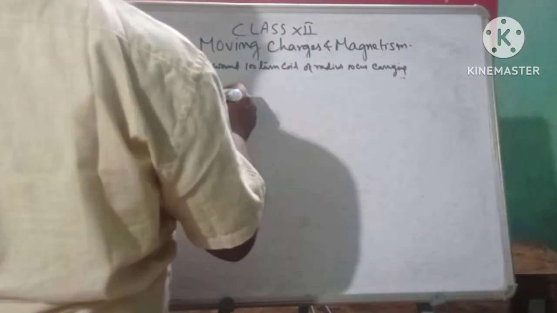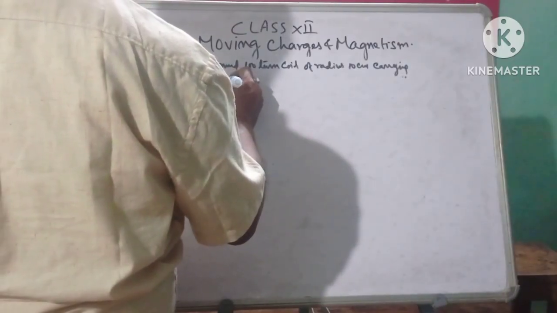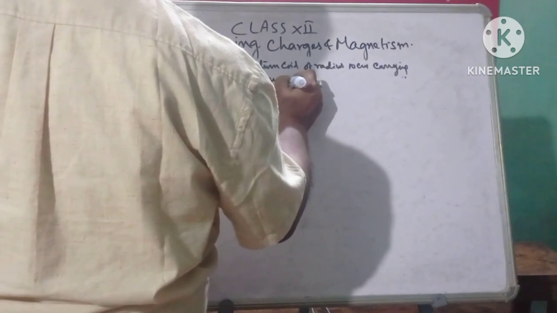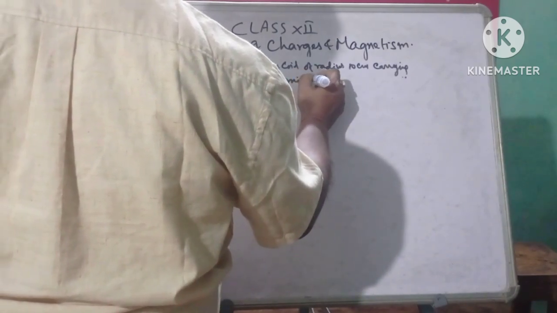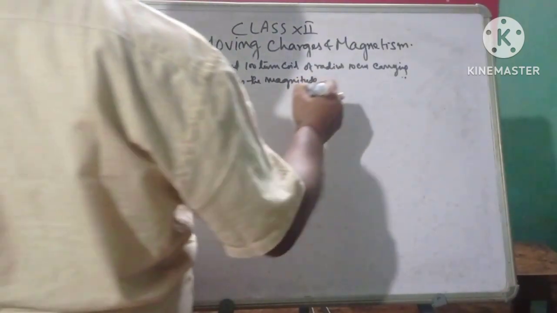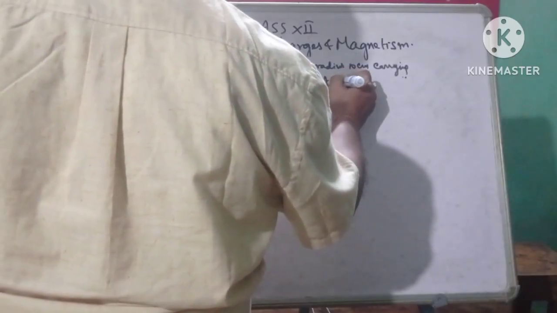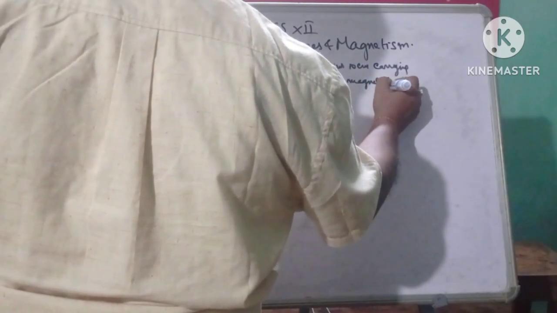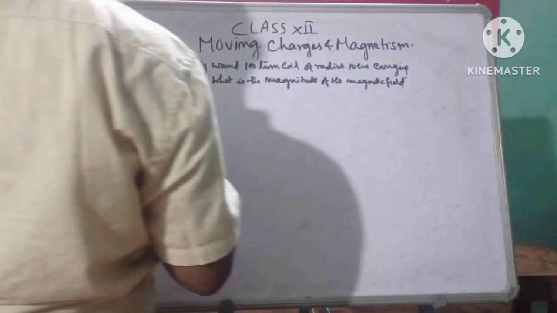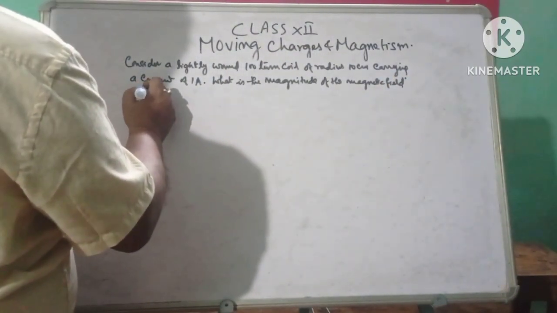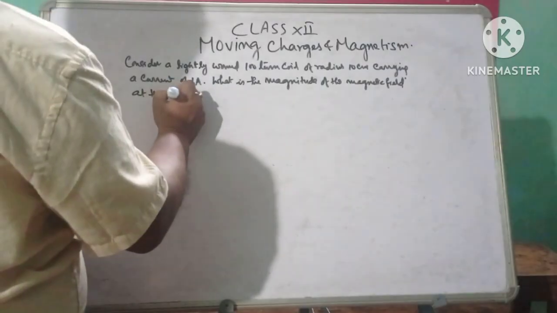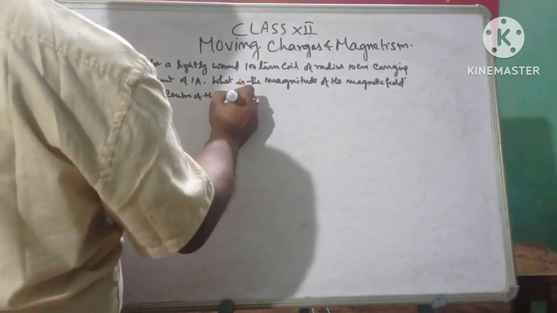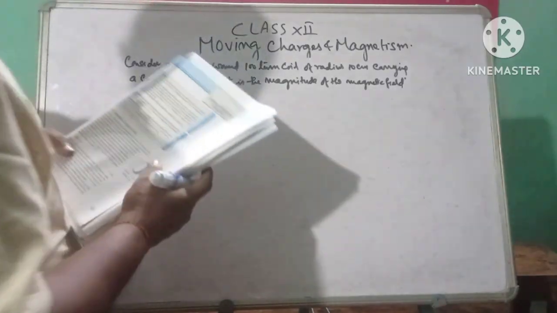What is the magnitude of the magnetic field at the center of the coil?